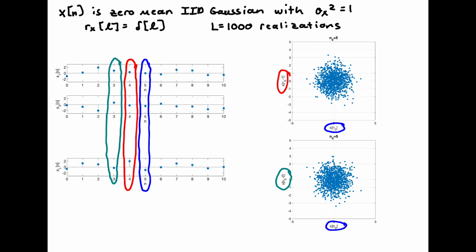I would continue to get uncorrelated looking scatter plots, and they all have the same variance. So this looks like a circle here because these points have variance 1, these points have variance 1, these points have variance 1, etc.